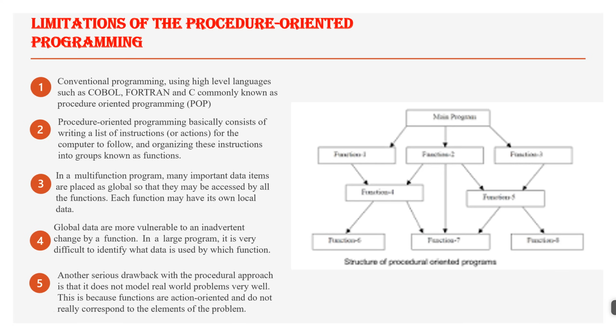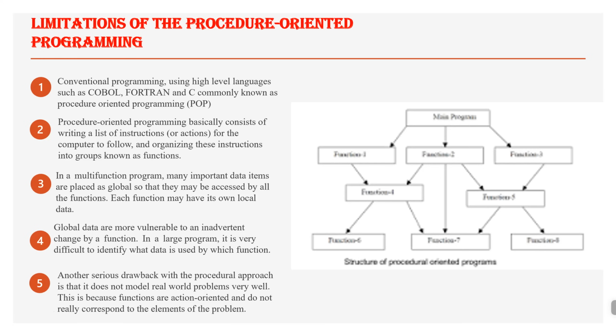So, what do we mean by procedure-oriented language? A procedure-oriented programming language basically consists of writing a list of instructions, which means actions, for the computer to follow, and organizing these instructions into groups known as functions.